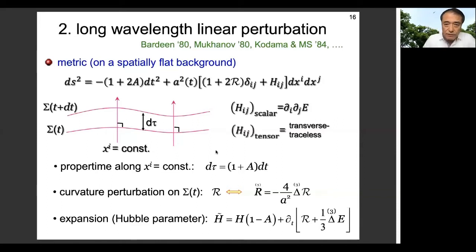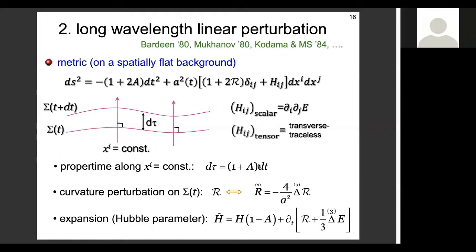So this is the most important. And as I said, I'm not using any theory of gravity or anything. This is just a pure geometrical thing. As long as you have a four-dimensional geometry which can be divided into space and time, the expansion of the space can always be written in this form.